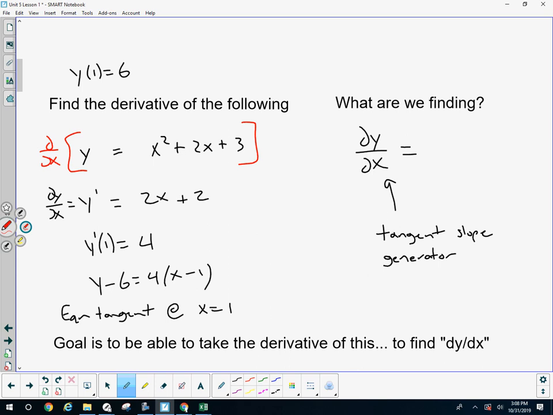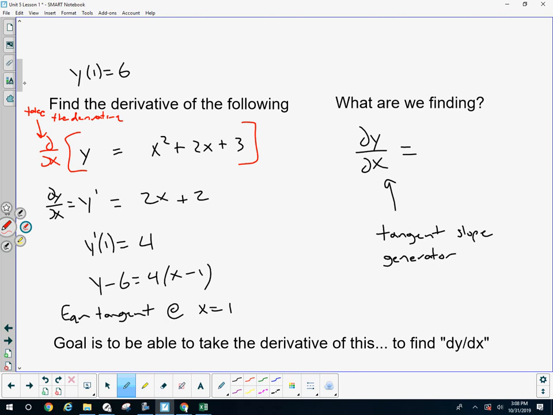This stands for take the derivative with respect to x. And you've been taking the derivative to get dy dx is equal to.